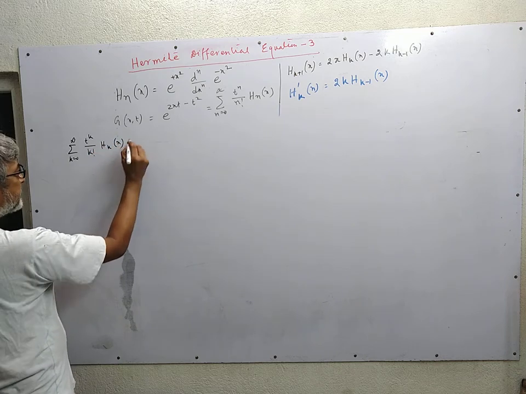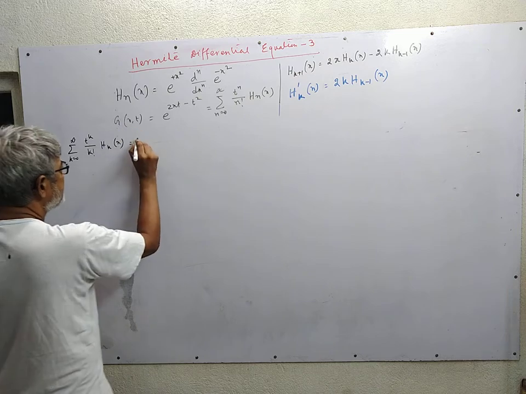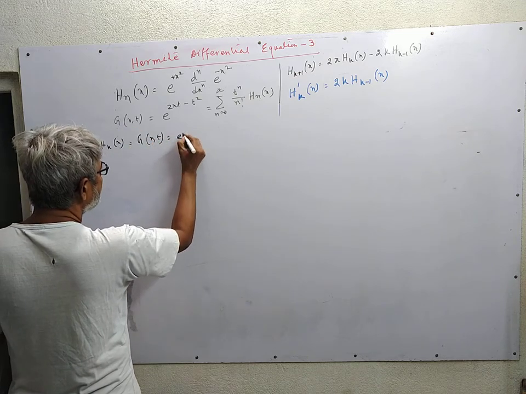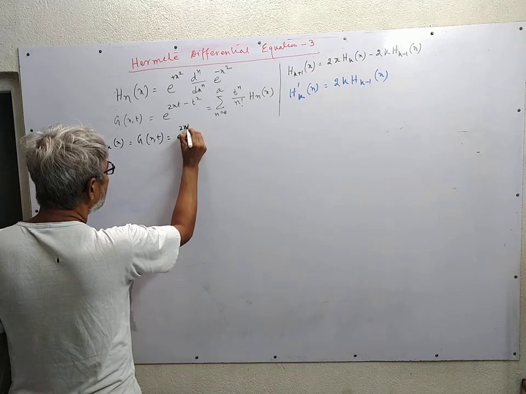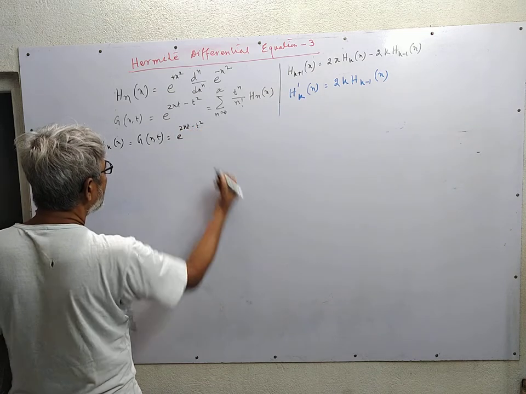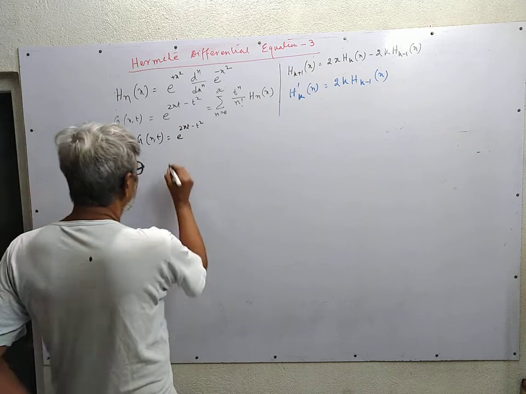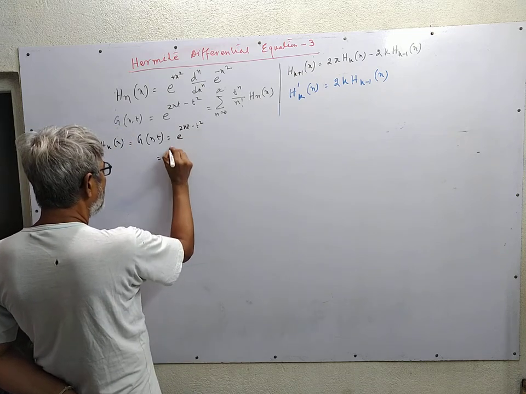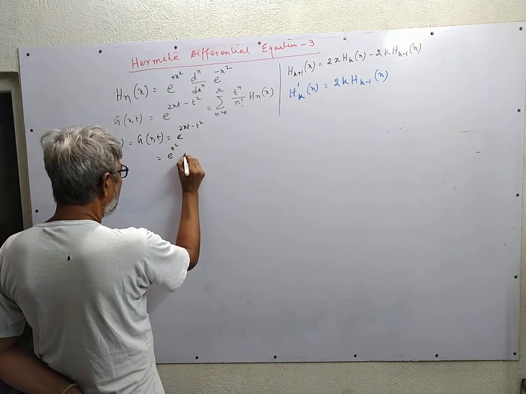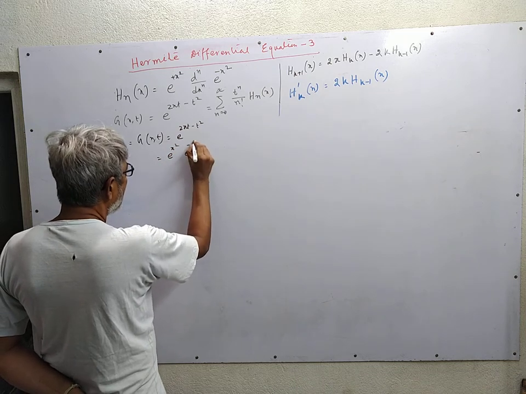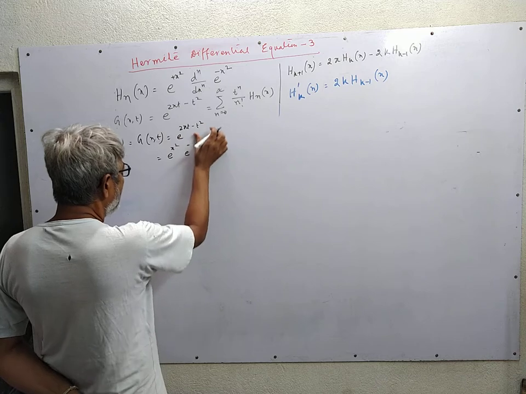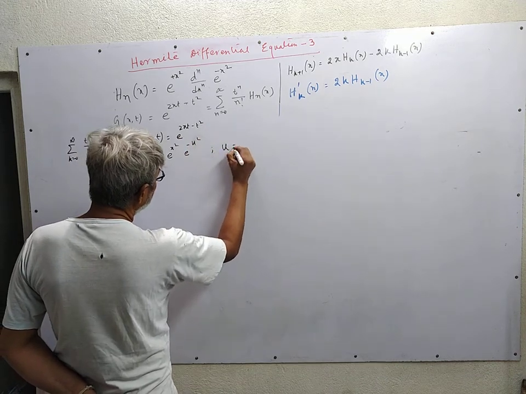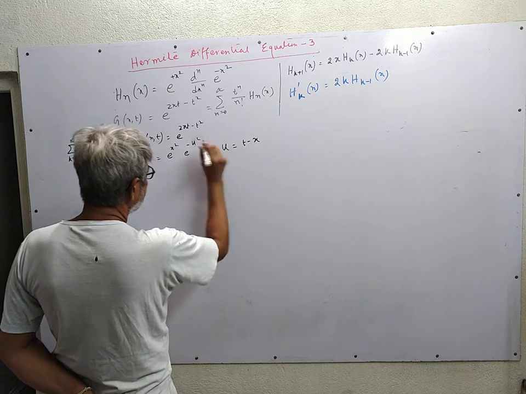hk of x, and on the right hand side this is g of x, t, which is equal to e to the power, u is equal to t minus x.